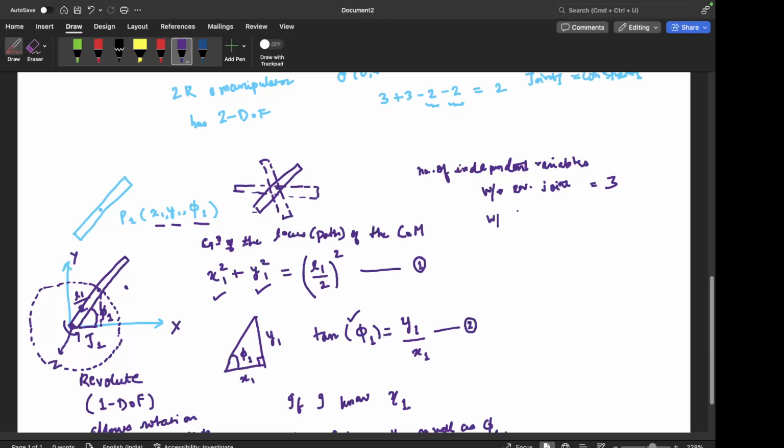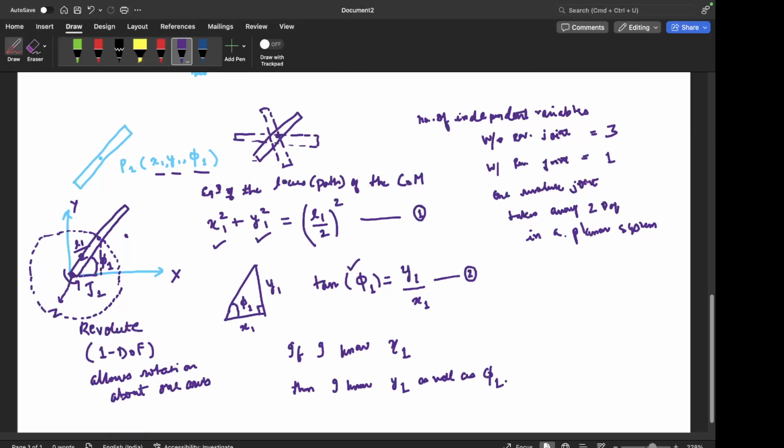And with a revolute joint, it's one. Which means that one revolute joint takes away 2 degrees of freedom in the planar case, in a planar problem or planar system.